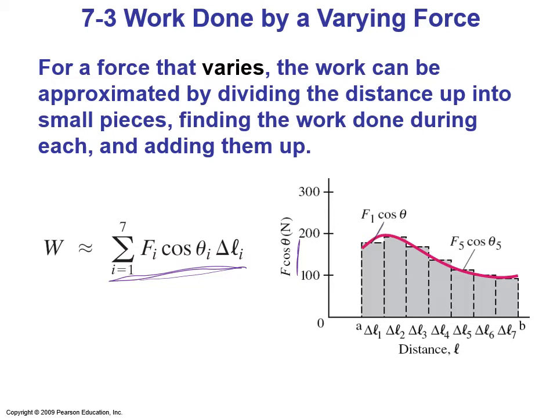And when you take the sum underneath each one of these things, the height of each one here is going to be F at that specific point times cosine at that specific point, and the displacement element is the width of this tiny little rectangle here. When you multiply those two things together, what you have is the area of a rectangle here.